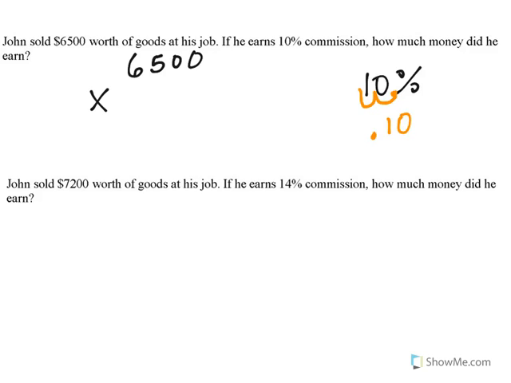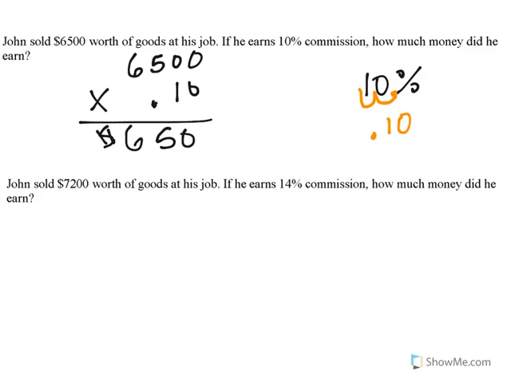So we have 0.10. That's 10% as a decimal. So we'll do 6,500 times 0.10. And if you calculate this out, you should get $650. That's how much commission John earned from his job.